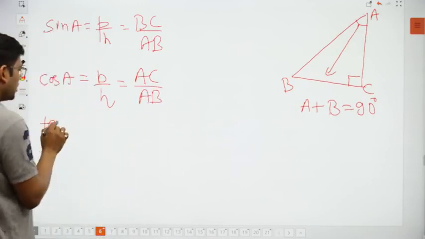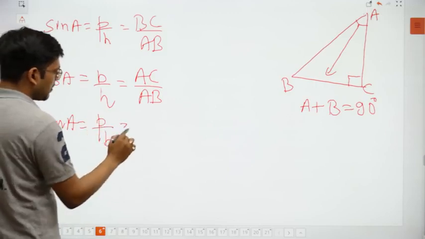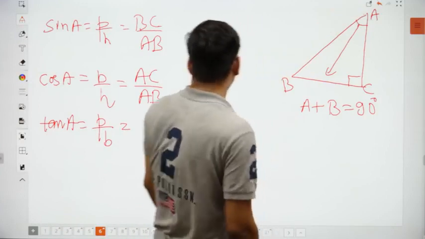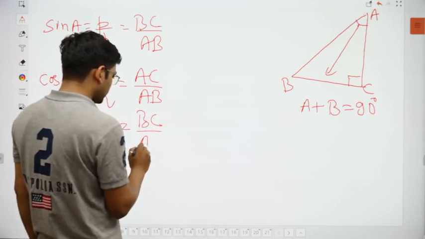And similarly tan A is perpendicular upon base, we remember this. So this is the angle A, perpendicular would be BC, and base would be AC.